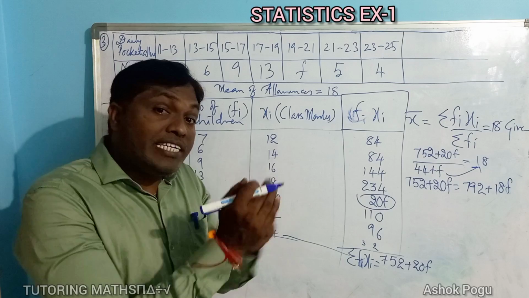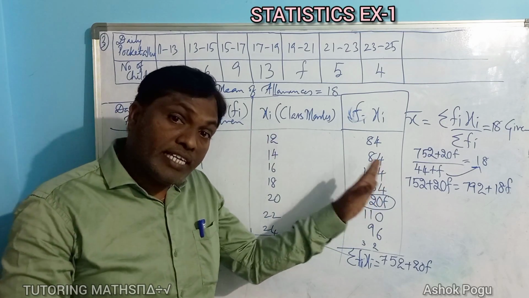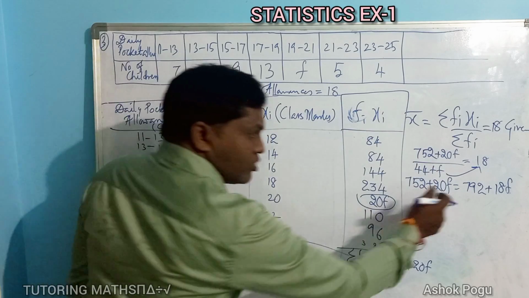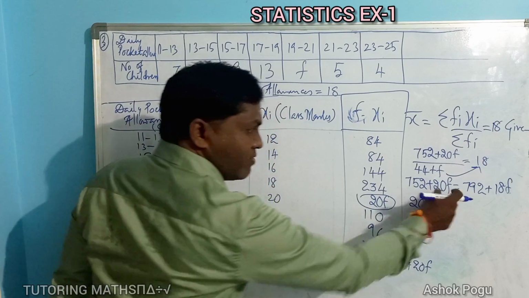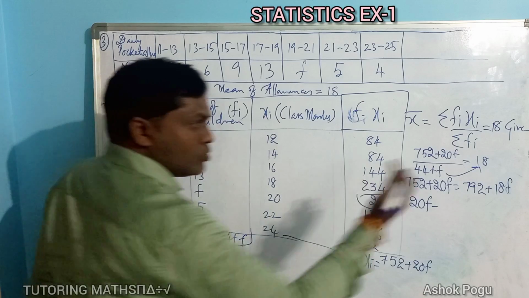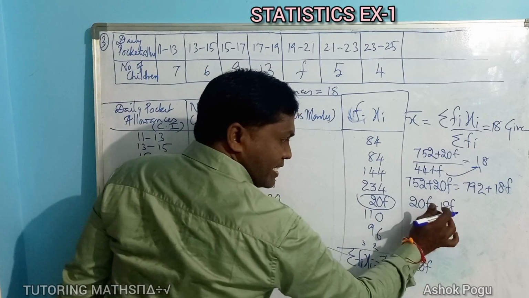Now group the like terms. Which are like terms here? The f terms should be taken to one side and the constants to the other side. I'm taking all the f terms to the left side because here we have the bigger value. 20f is bigger than 18f. So shift 18f to the left side, it becomes minus 18f.